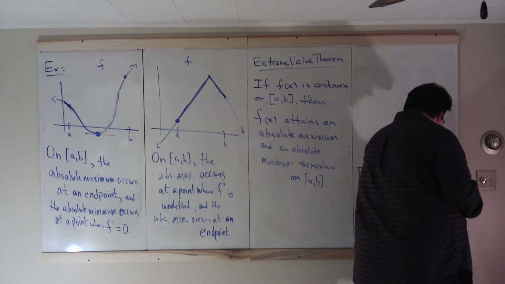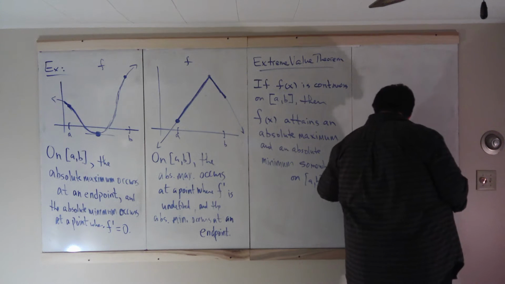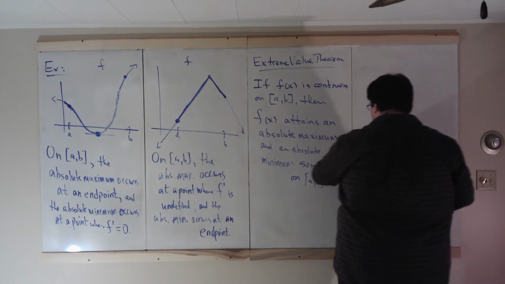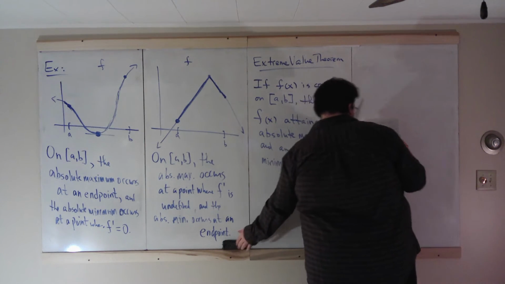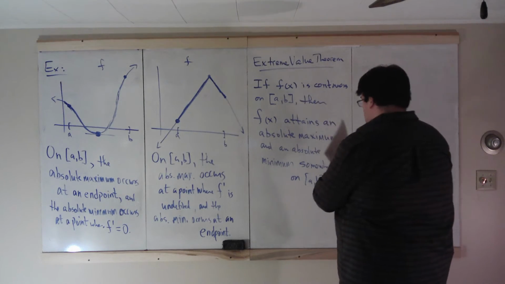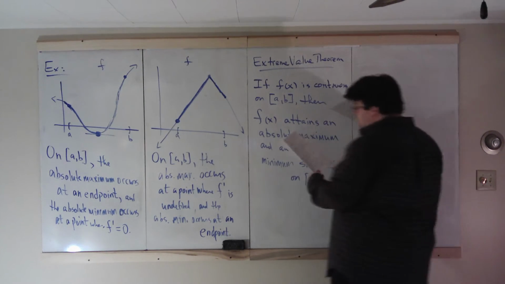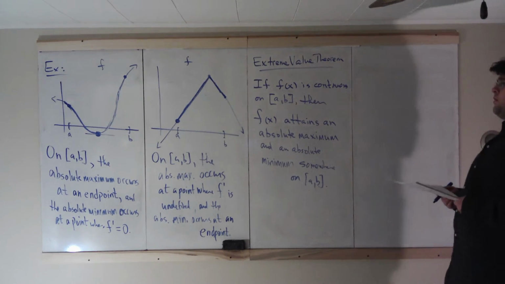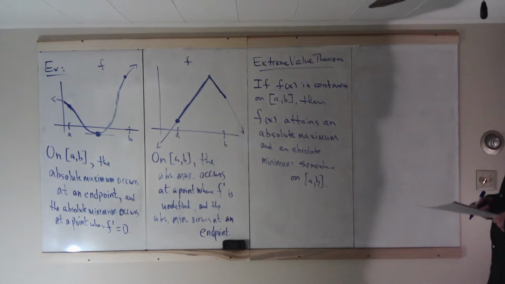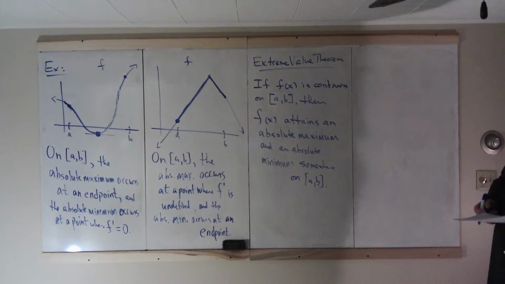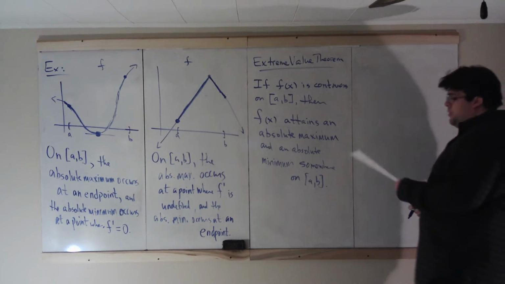So our goal is going to be to find these values. How would we go about doing this? We combine our observations from those two examples, plus the four describing local maximum and local minimum.